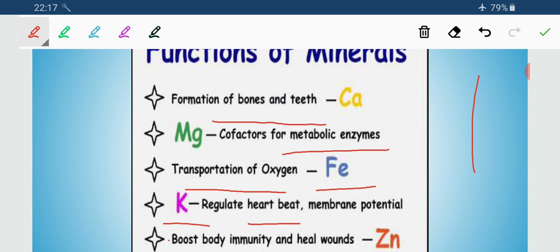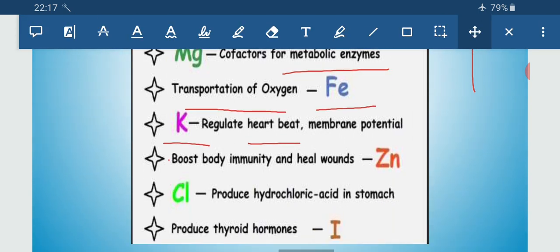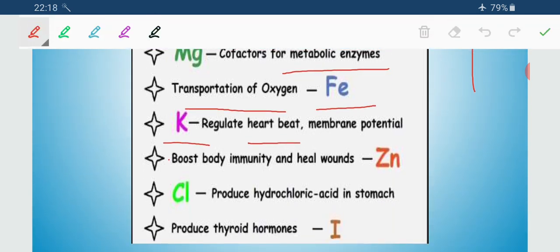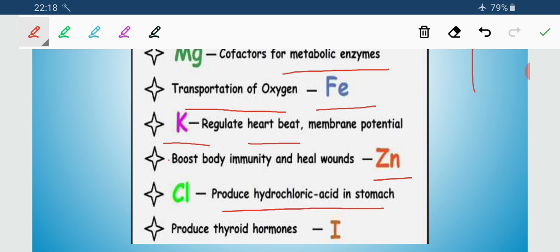To boost our body we need zinc. Then chloride is needed to produce hydrochloric acid in the stomach. Okay, and iodine is there to produce hormones.